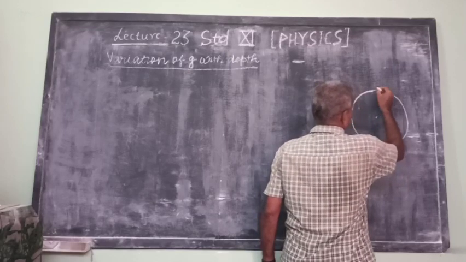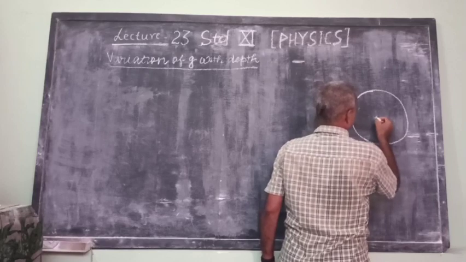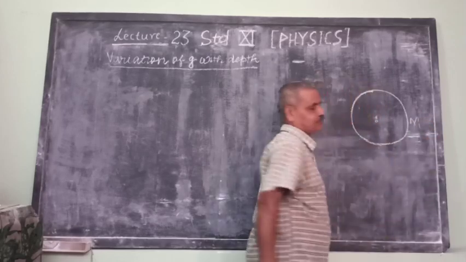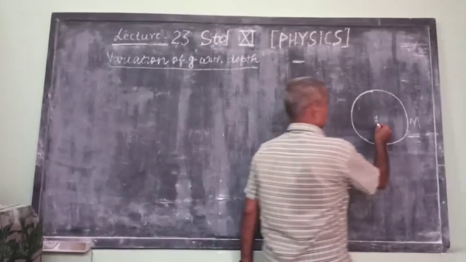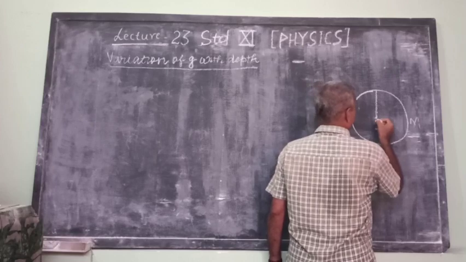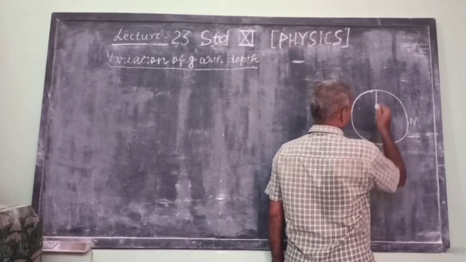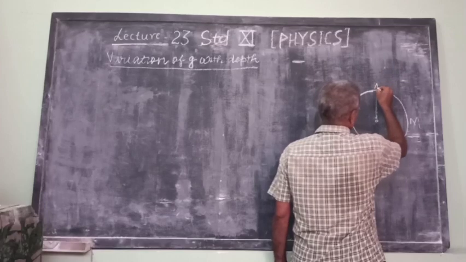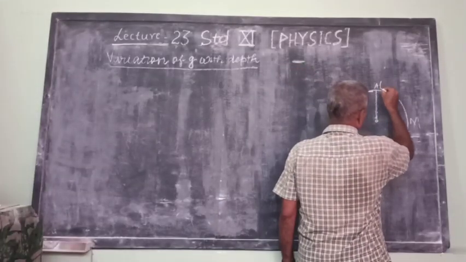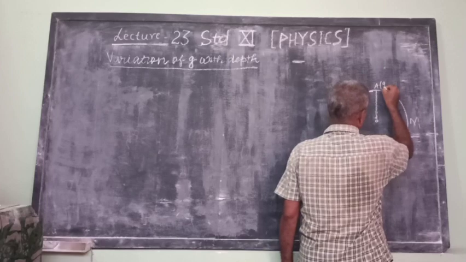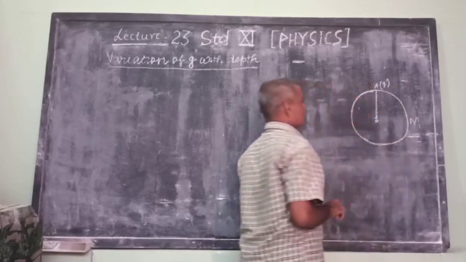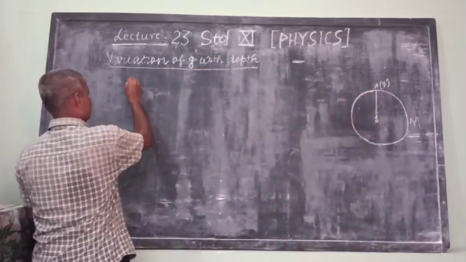It is considered just O the center, and the mass of the earth is M. O be the center, R be its radius, and there is a point A situated on the surface of the earth, and the value of acceleration due to gravity at this point be g.